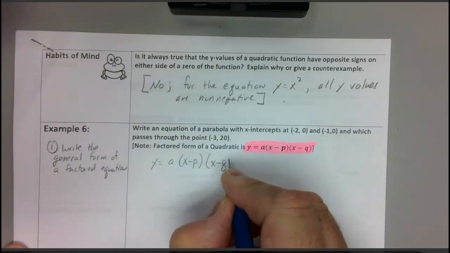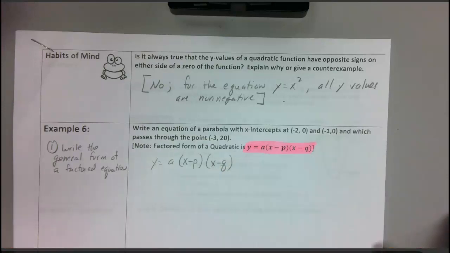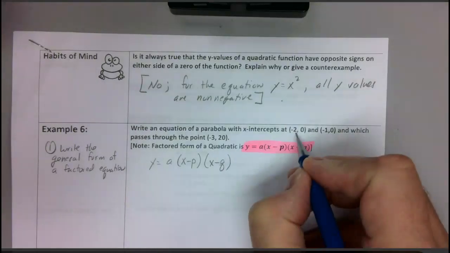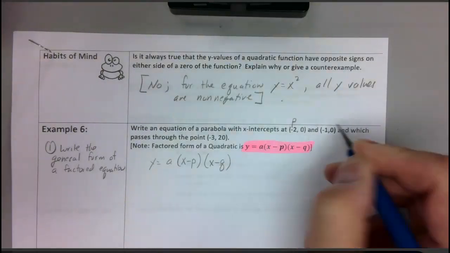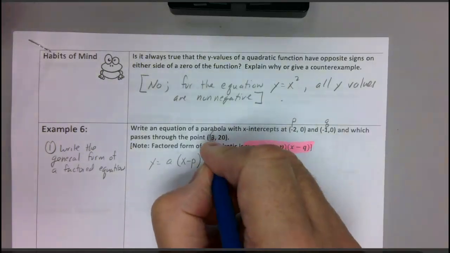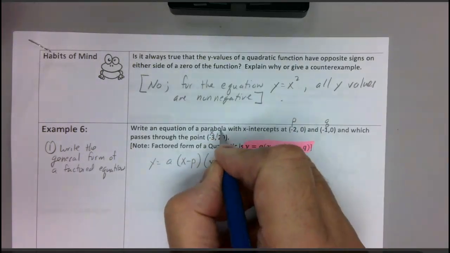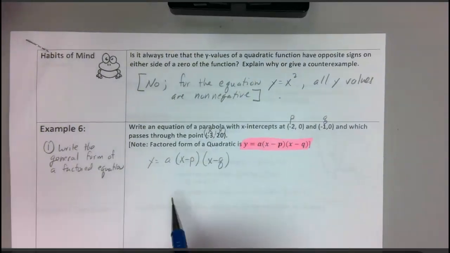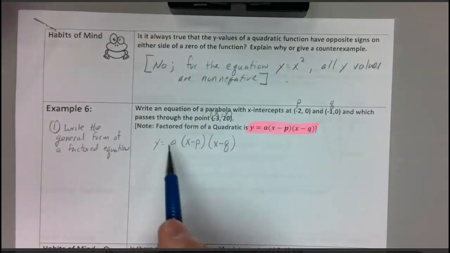So what I'm going to do is label everything. Negative 2 is p. Negative 1 is q. Negative 3 is x and 20 is y. So again, like I had to do in standard form, I got to find a.